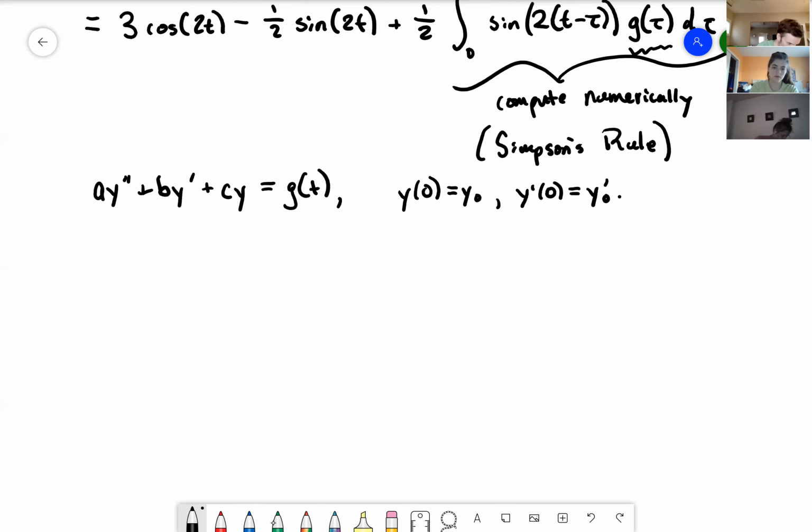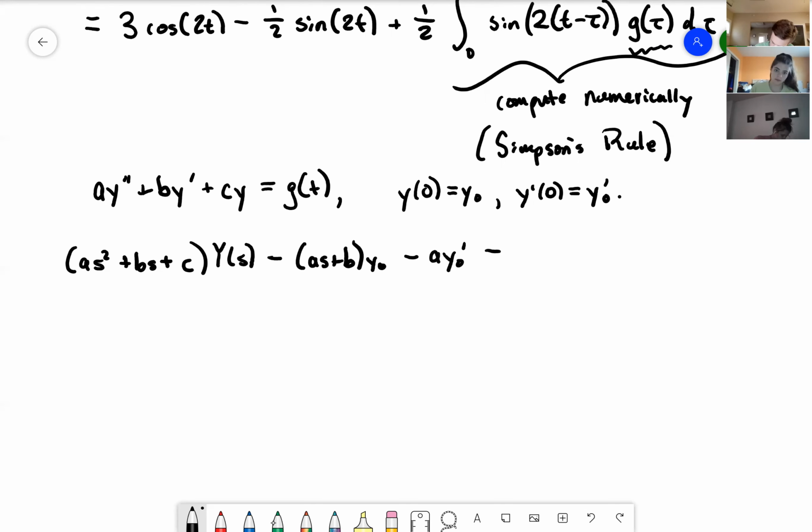So we take the Laplace transform and we always get as squared plus bs plus c, otherwise known as the characteristic polynomial, times Y of s, minus as plus b, the derivative of the characteristic polynomial, times y0, our initial condition, minus a times y prime 0, our other initial condition, equals the Laplace transform for the forcing function.